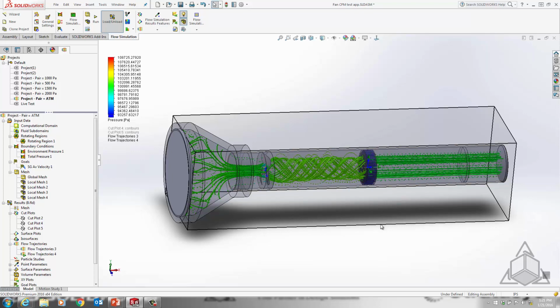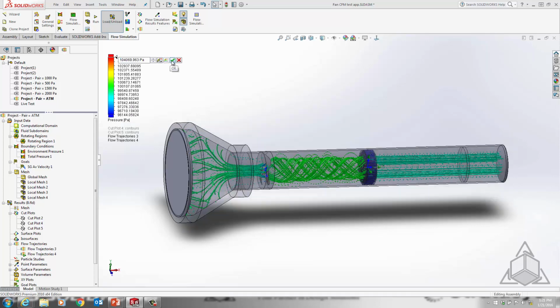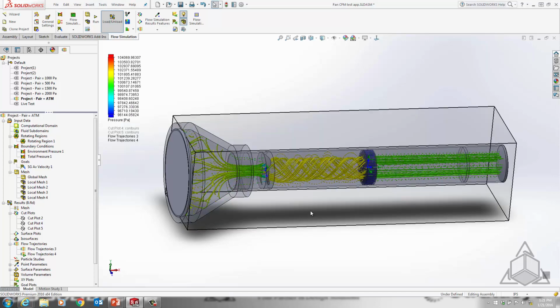Now this is obviously very interesting here because it's the same color, but what we can do is we can reset our plot minimum and maximum, and you can kind of see how that changes. So obviously it kind of makes sense. As it's coming in, the pressure goes up, and then as it goes through the straightener, the pressure comes down and right out of your system. Okay.